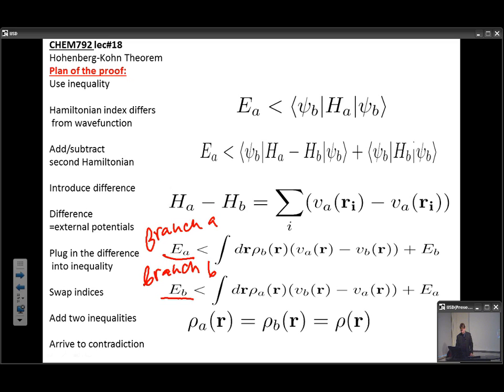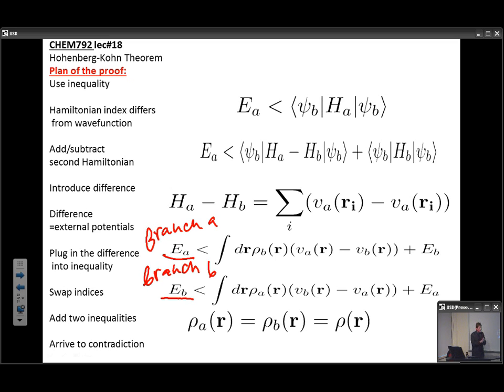So they are very similar expressions with only replacements of A and B. So we are just one step from completing the proof. And actually, this one step consists of two small substeps.